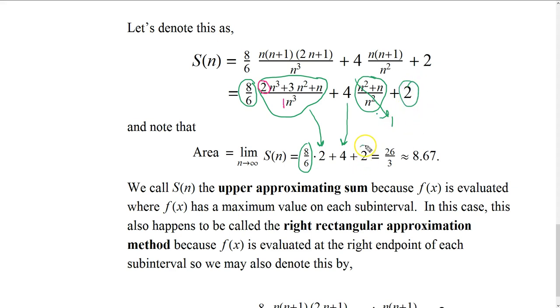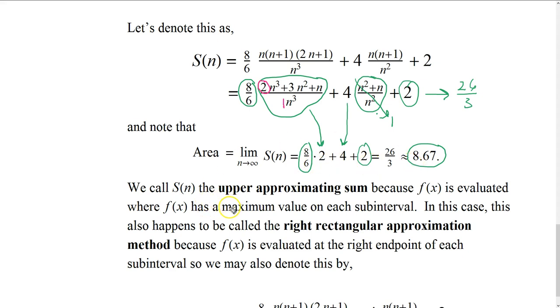So in the limit, as n goes to infinity, this quantity up here is approaching 26 over 3. Notice that you get that just by adding up 8/6 times 2 plus 4 plus 2. You can verify that is 26 over 3, which is 8.67. And that's what we define our area to be.